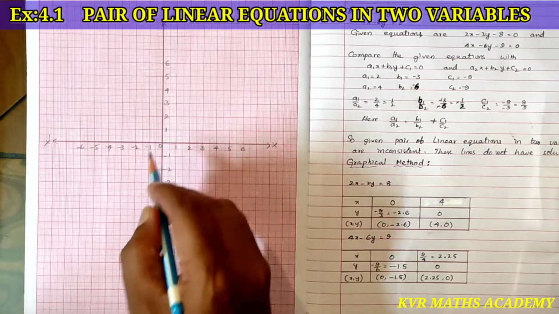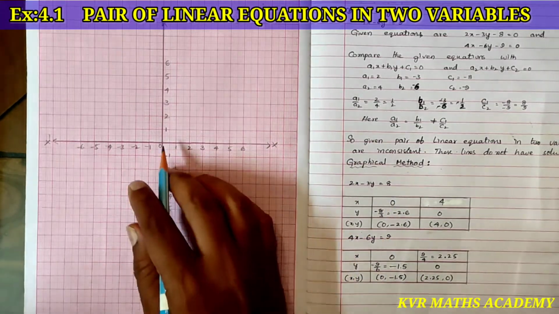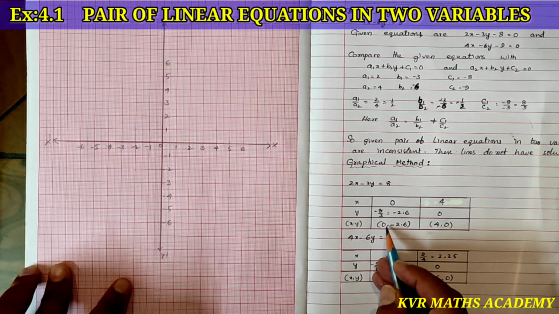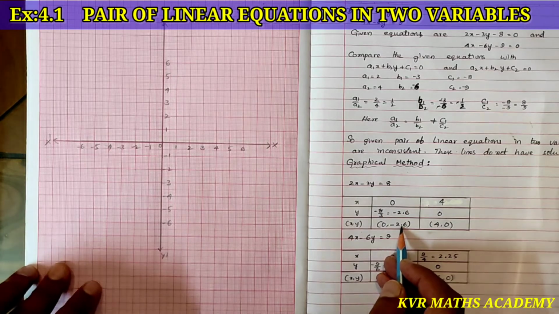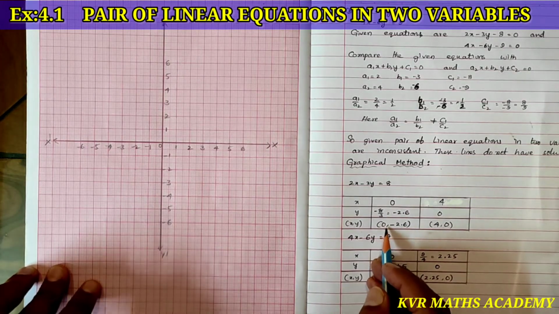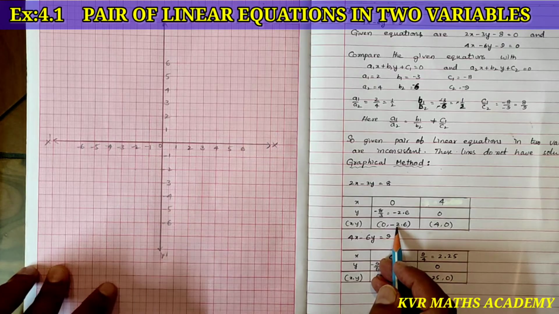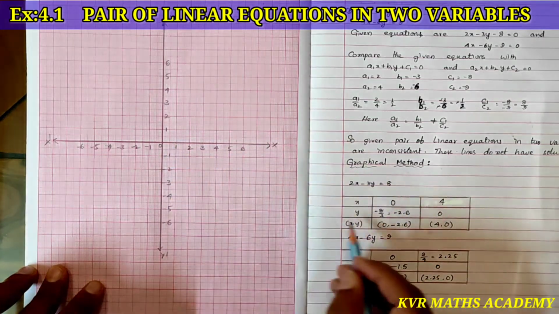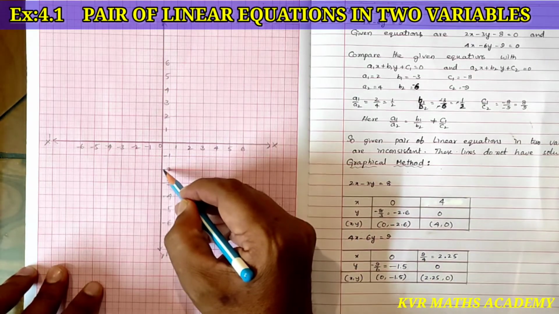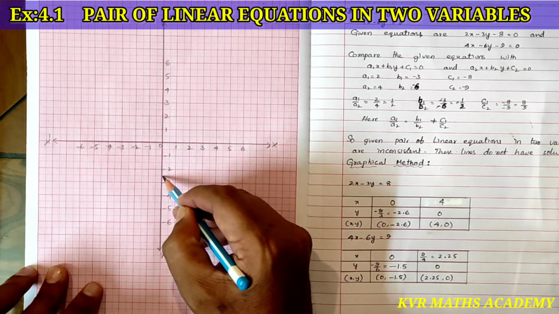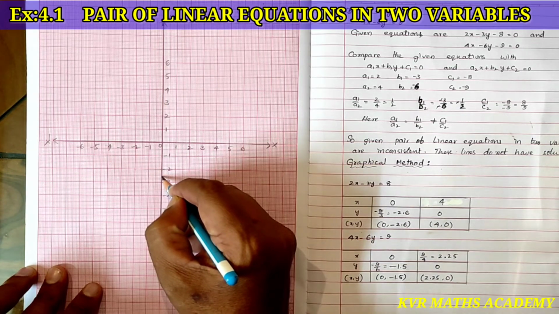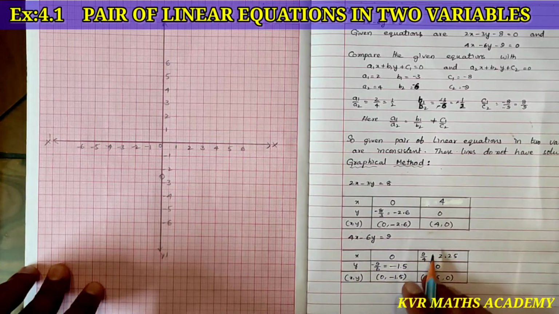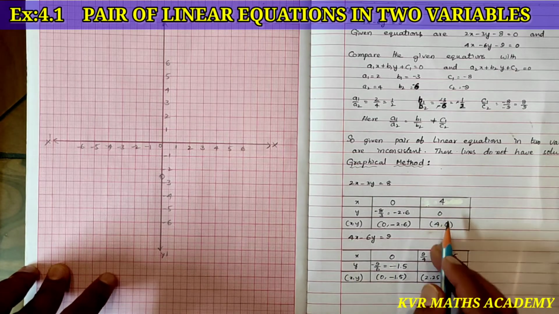Okay, so the intersecting point is the origin O or 0. Look here. First plot the point 0 comma minus 2.6. The x coordinate is 0 and the y coordinate is minus 2.6, no? See, this is 2, this is 3, this is 2.5, 2.6 here, right? Next 4 comma 0.